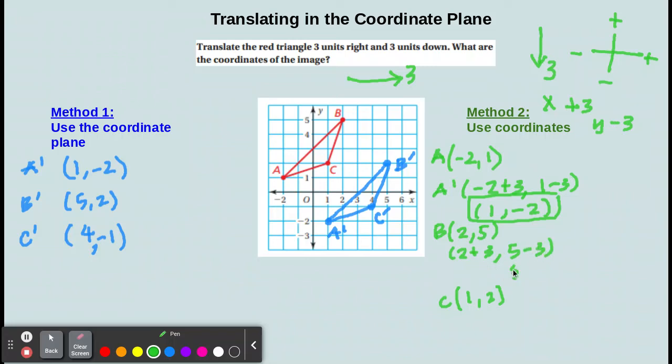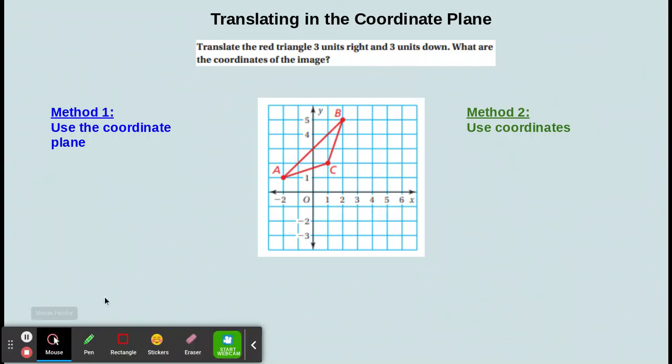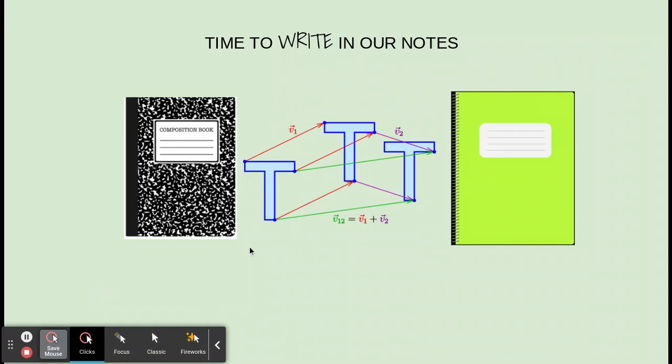So our new values become 5, comma, 2. And then for C, same thing. 1, add the 3. 2, take away the 3. So we get 4, comma, -1. And these values should match up with what we have over here, and they do. Okay, so now time for you to write in your notes. You're going to do the review on the coordinate plane and fill in the blanks for translating.